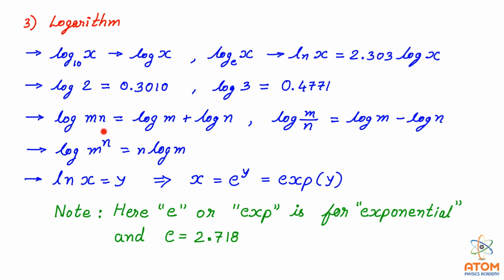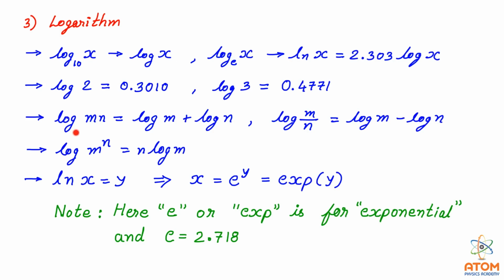Log of mn is log of m plus log of n. Log of m by n is log of m minus log of n. Mind well, these equations are also true for ln of x.